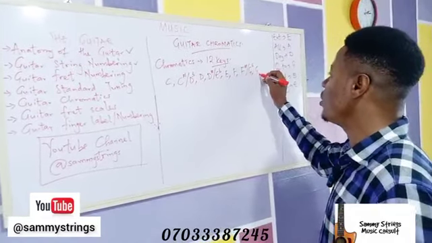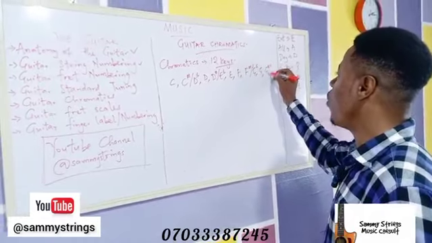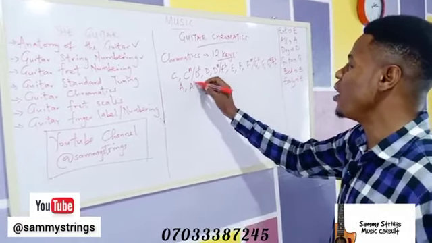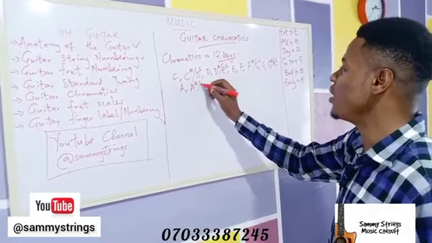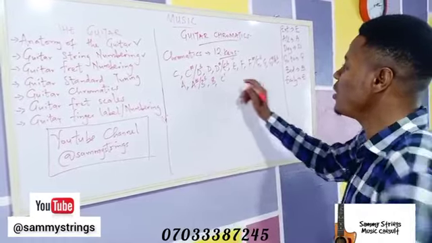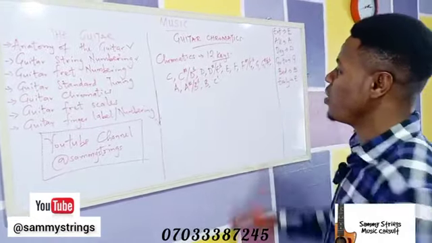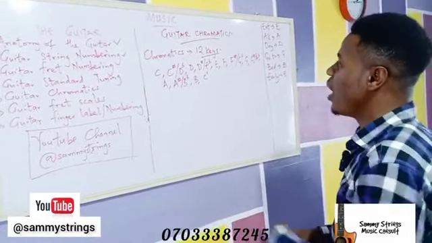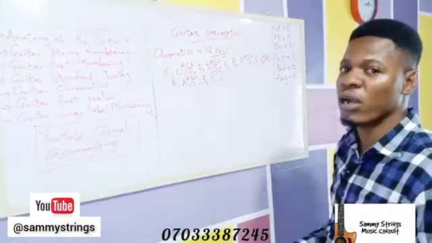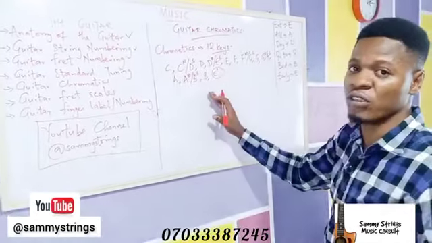We have G, we have G sharp, or A flat. We have A, we have A sharp, or B flat. We have B, and lastly we have the C that starts this same key that we started with. But this is on a higher octave, which forms another octave of its own.